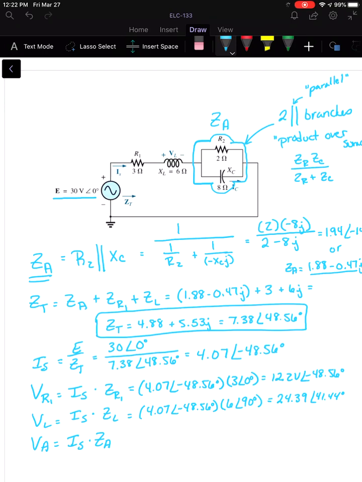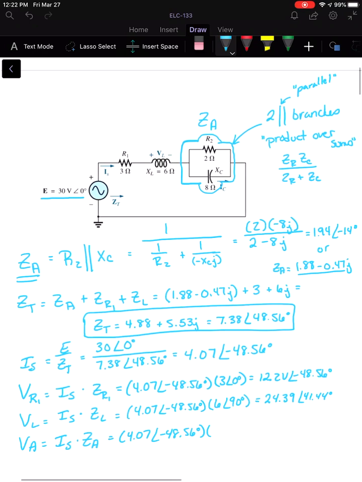So the current through that combined impedance would be I sub S, 4.07 at negative 48.56 degrees. And up here, ZA, I'm going to use the polar form, 1.94 at an angle of negative 14 degrees. So we should have 7.89 at an angle of negative 62.56 degrees.